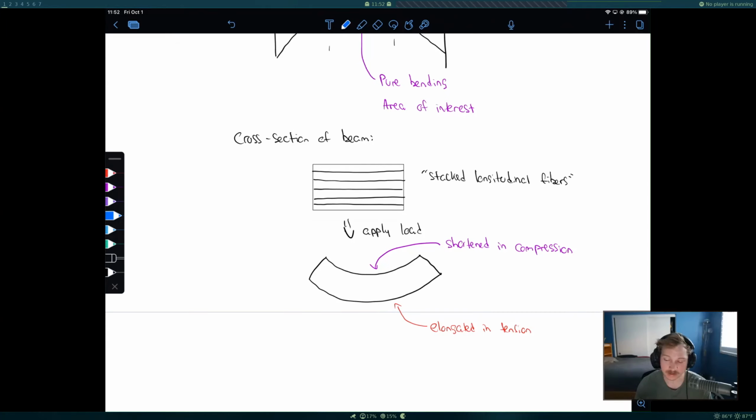Okay, and that surface is going to be called the neutral surface. All right, so that's in blue. That's the neutral surface, or you might hear it called the neutral axis.